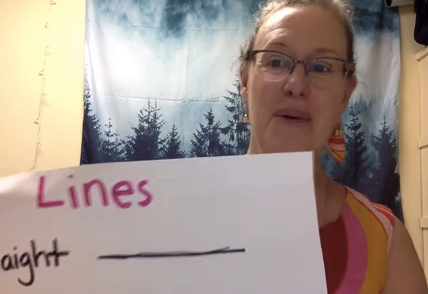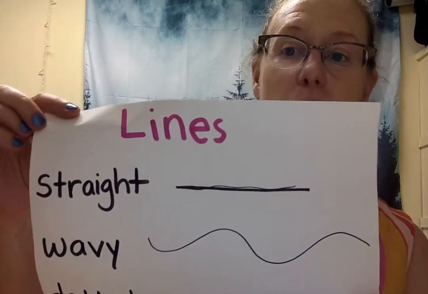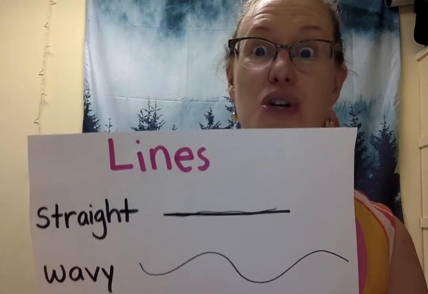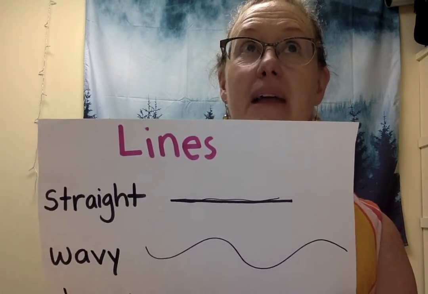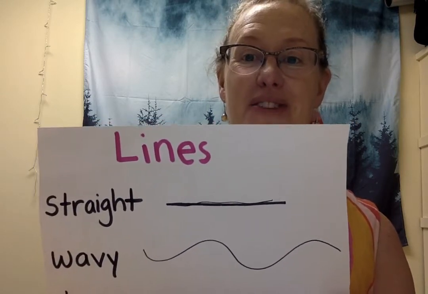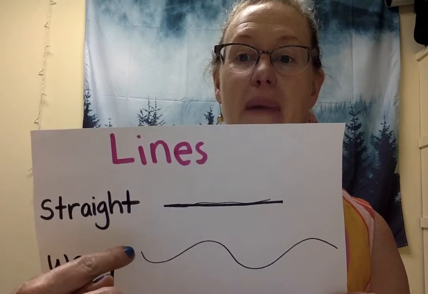The next line that we're going to make is a wavy line. A wavy line could be like an ocean or maybe part of a cloud. You decide what it's for, but you can go ahead and go from end to end on your paper. I'm going to tip this down so you can see my paper.